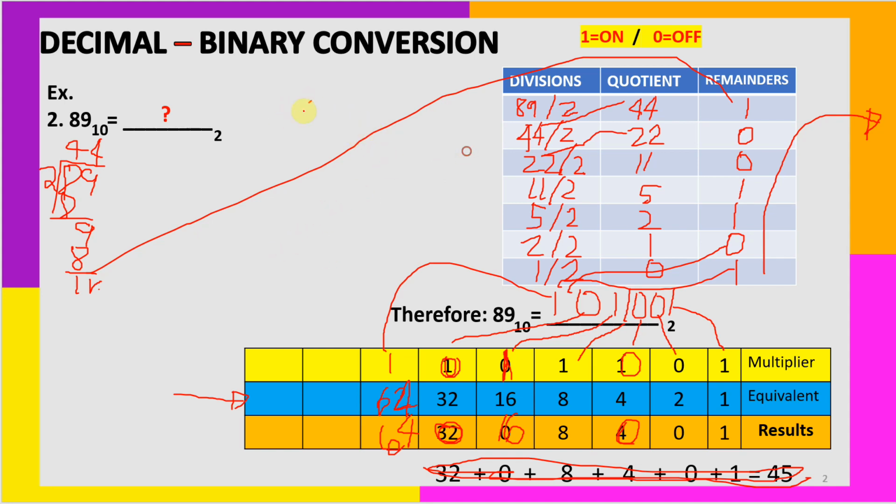So we are going to total 64. Here is the first on. Next on is 16. The next on digit is 8.